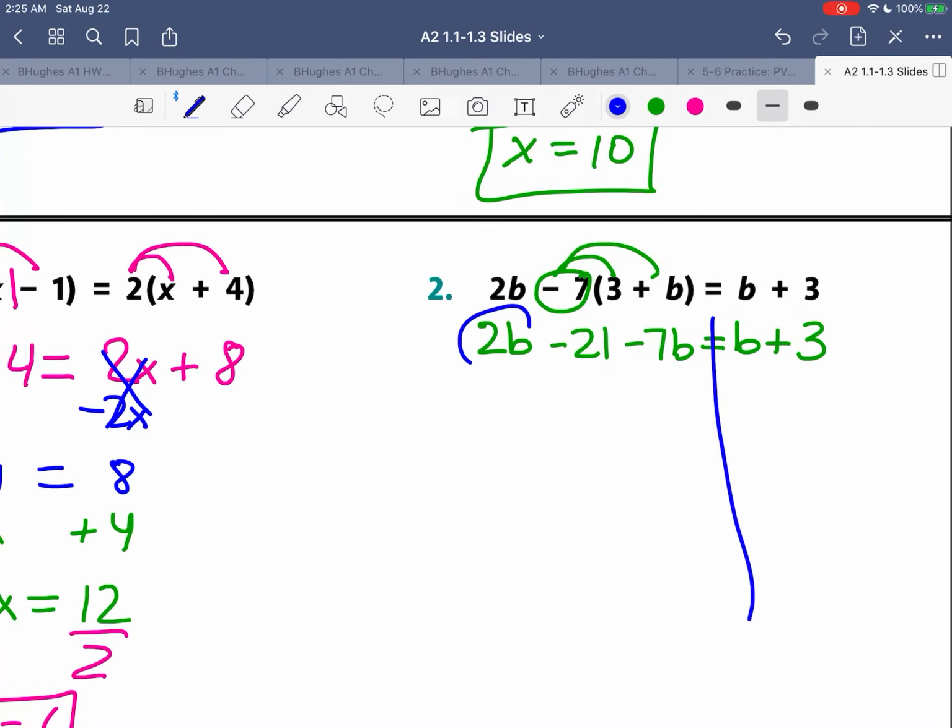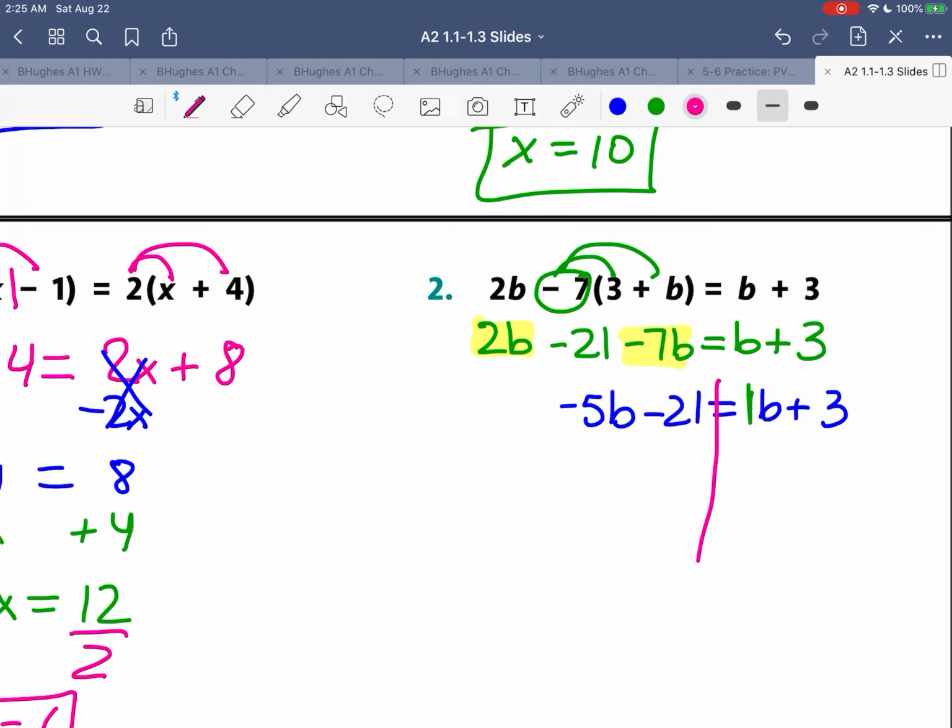Now, once again, I'm noticing that my left side has 2 like terms on it. So let's go ahead and simplify those before we try to move things from side to side. So 2b and -7b is -5b minus 21. And again, just remember that this b means 1b.